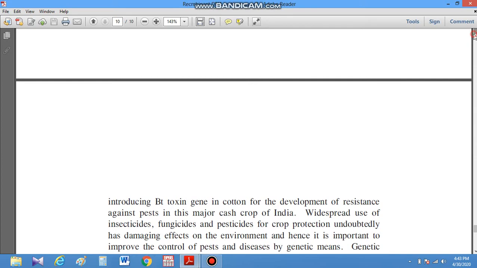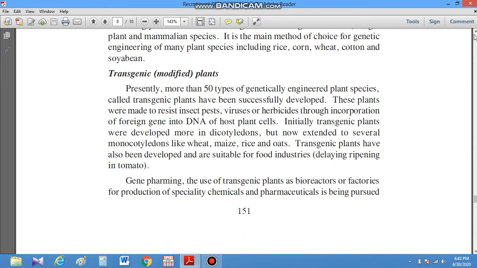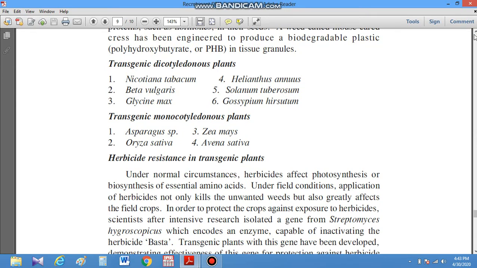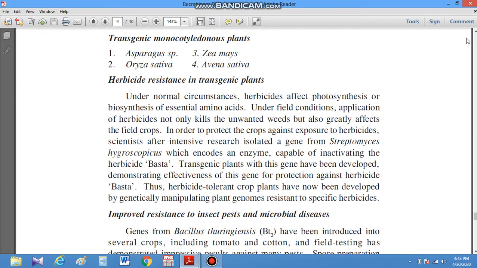When we develop herbicide resistant transgenic plants, it is reported that a gene from Streptomyces hygroscopicus, which codes for an enzyme capable of inactivating the herbicide Basta, is used. Herbicides kill the unwanted weeds in the fields, but when a crop is also associated with them, they greatly affect the crop also.